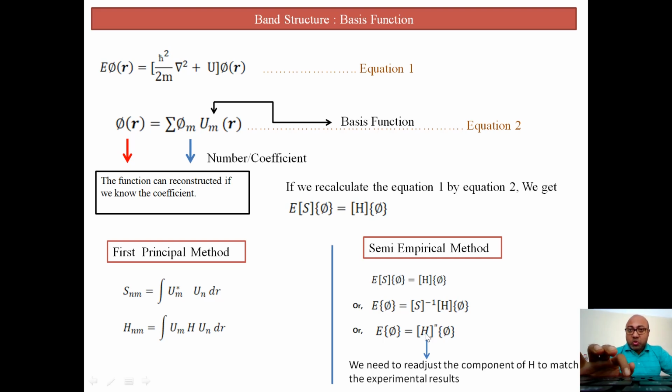Now we go to the experimental results, and I try to reconstruct my H, try to adjust my H so that it satisfies my expression. It is an experiment-dependent formulation, and with whatever data are available, we will form the H matrix. And how to handle this H matrix, I'll show in a minute.